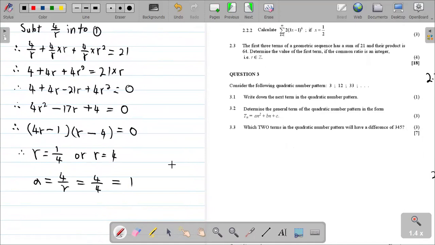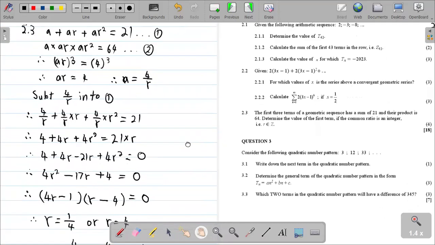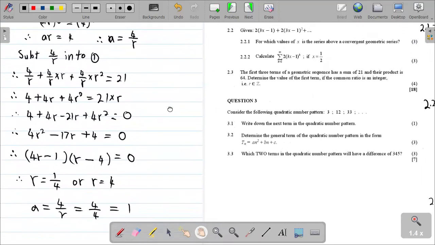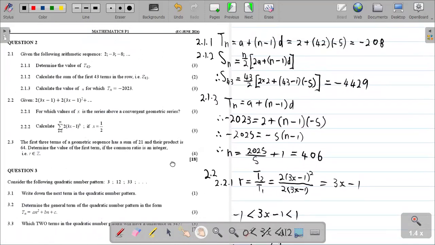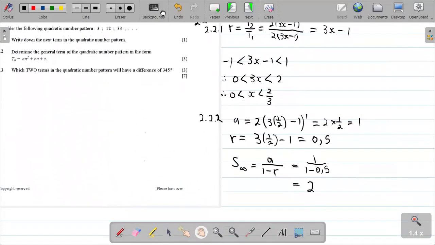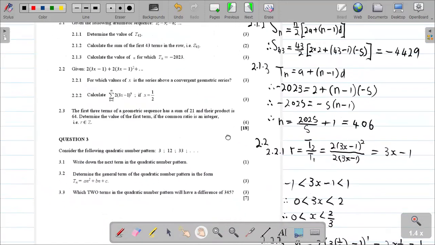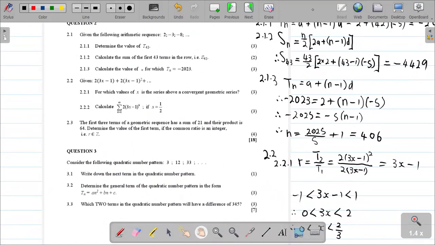So a is equal to 1. So that's it for question 2. Let's go to question 3.